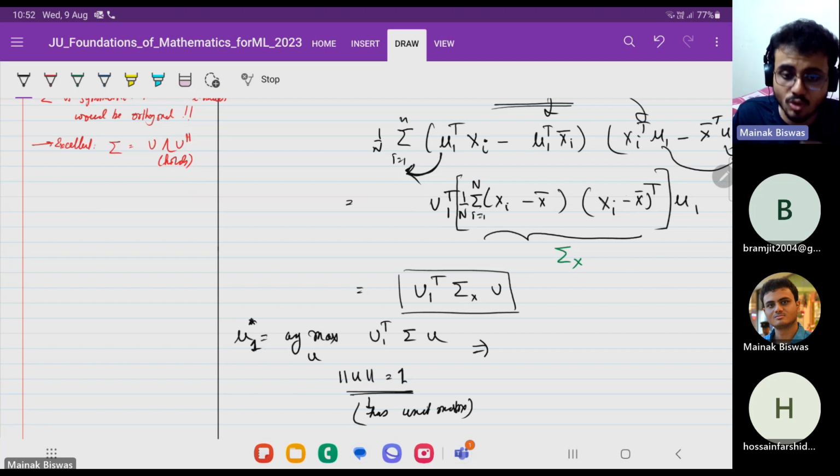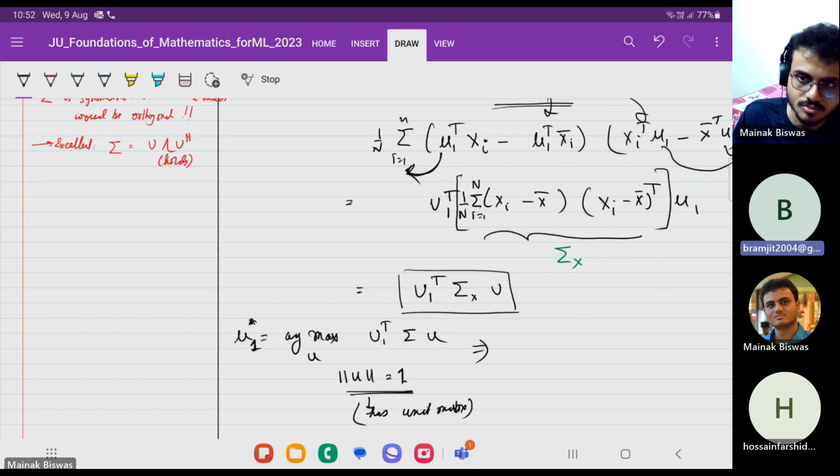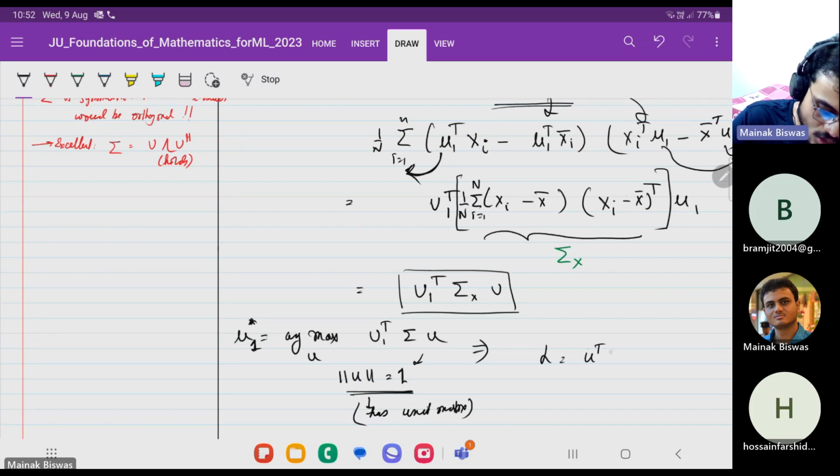You took the derivative and set it to 0, right? For getting the maximum or the minimum of a function, you set the gradient to be 0, right? Yes. So for a constrained optimization problem, your objective becomes something like lambda times 1 minus this. This is called the Lagrangian multiplier. We'll see this in the 9th session.